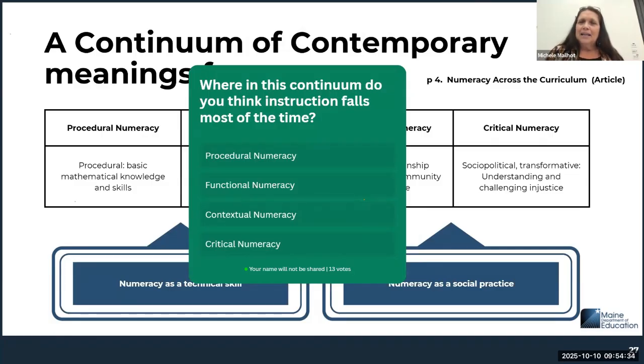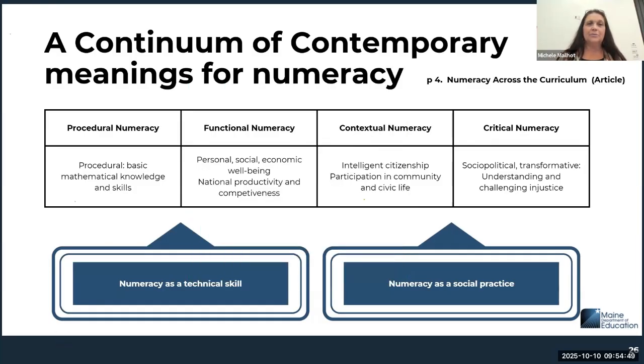what does that get us to think about? What are your thoughts on this continuum and thinking about numeracy this way? Anyone like to unmute and share? I'm going to go back to the previous screen so we can see the continuum clearly. When we think about this continuum and instruction, do we think there are opportunities in these other areas that we can bring into our curriculum?